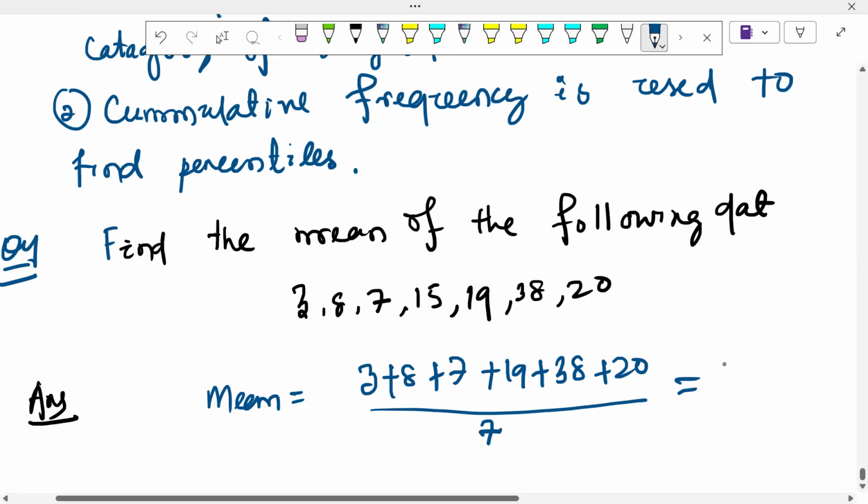Now to calculate the mean, add 3 with 8, add 7, add 19, add 38, add 20. Let us calculate this value. 3 plus 8 plus 7 plus 19 plus 38 is equal to 95, divided by 7.